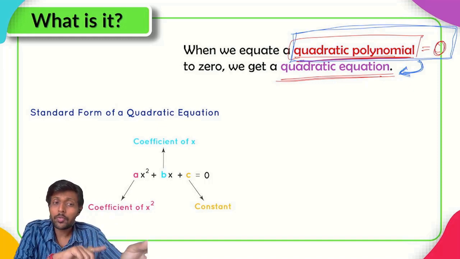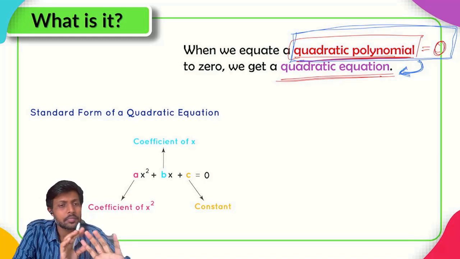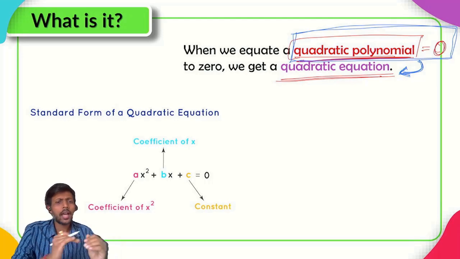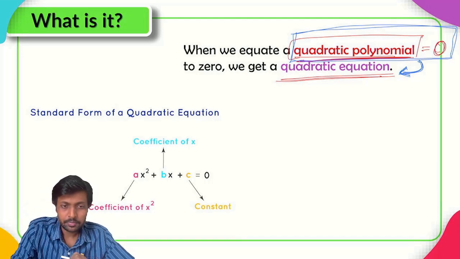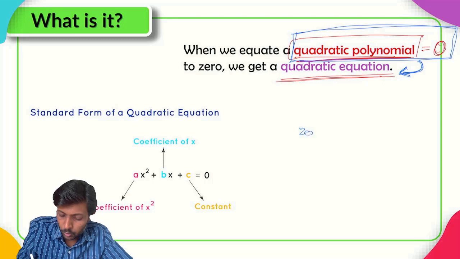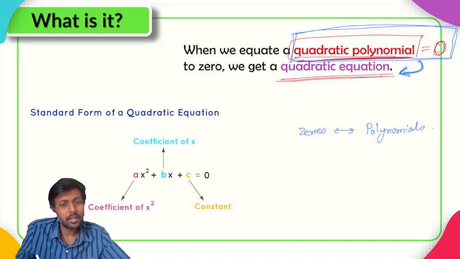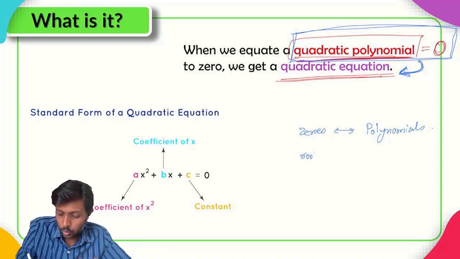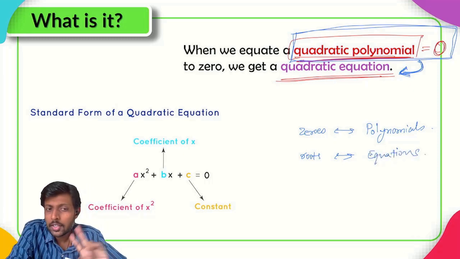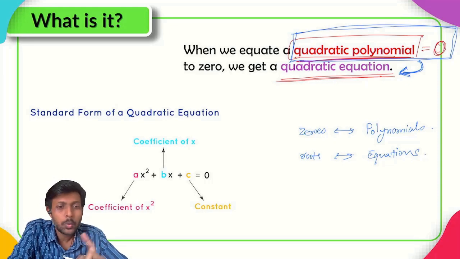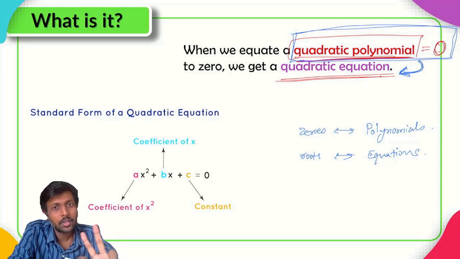So the zeros of a quadratic polynomial, you can understand those as the roots of a quadratic equation. As zeros relate to quadratic polynomial or polynomials in general, a similar relation is there between roots and equations. So if a quadratic polynomial has 2 zeros, how many roots would a quadratic equation have? 2 roots.